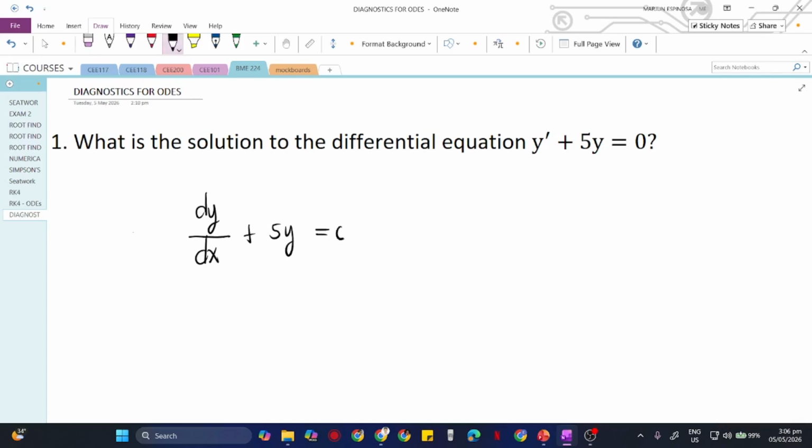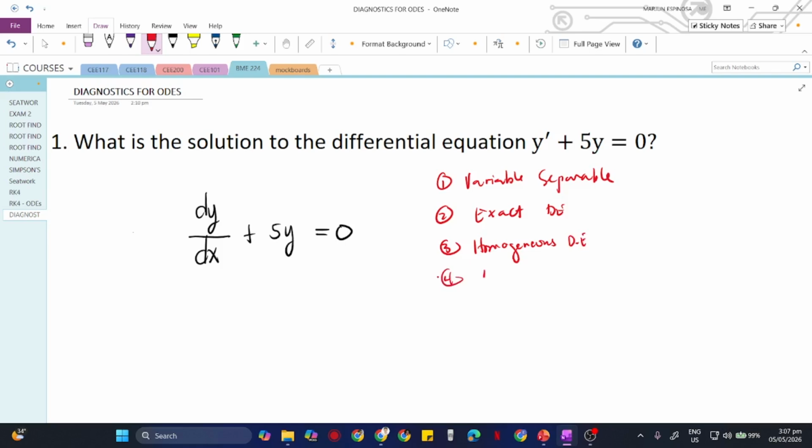There are four methods for first order ordinary differential equations. The first and simplest, easiest method is variable separable. The next is exact DE. Then we have homogeneous DE. Then the linear DE.